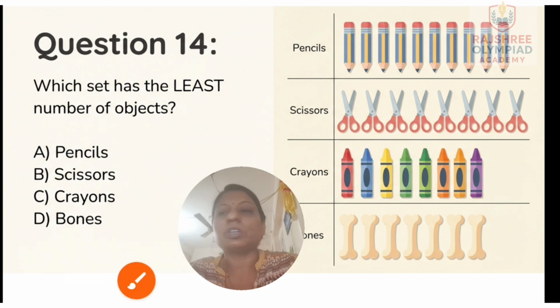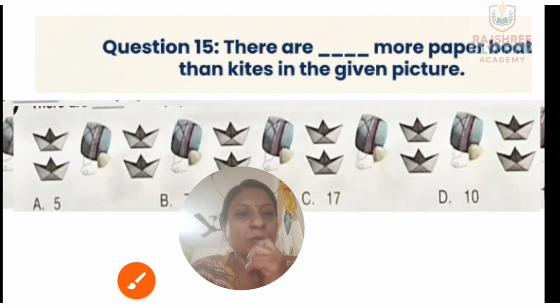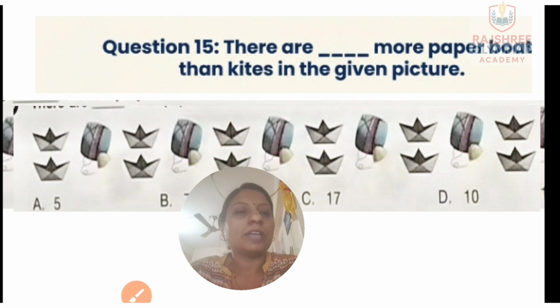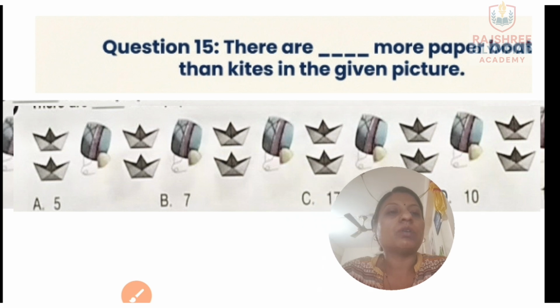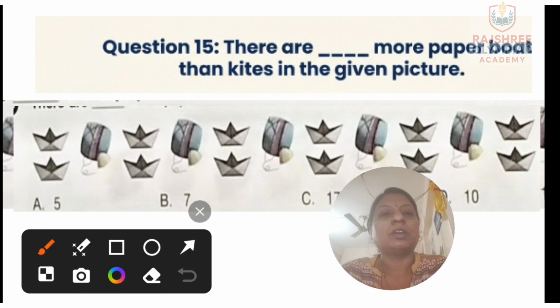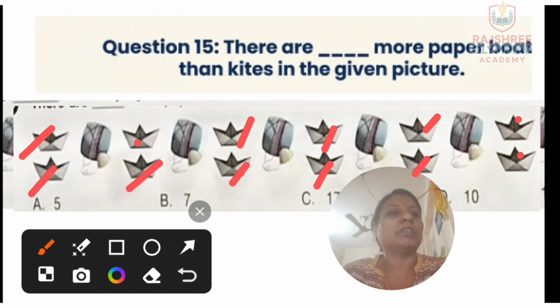Next question is question number 15. There are dash more paper boats than kites in the given figure. First we have to count boats. 1, 2, 3, 4, 5, 6, 7, 8, 9, 10, 11, 12.